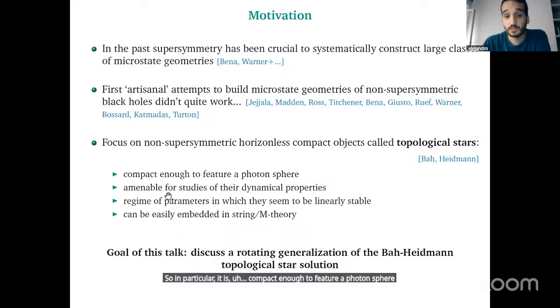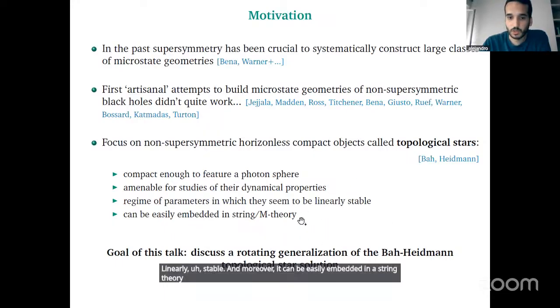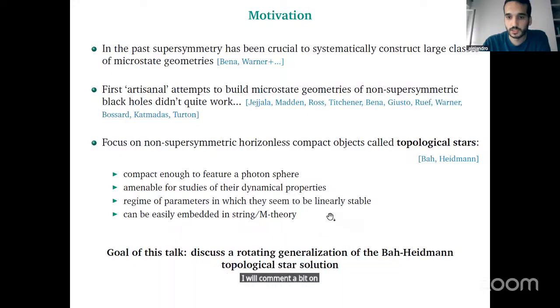It is simple enough to be amenable for studies of their dynamical properties. There is also a regime of the parameters in which it seems to be linearly stable, and moreover, it can be easily embedded in string theory and everything. I will comment a bit on these properties later on.